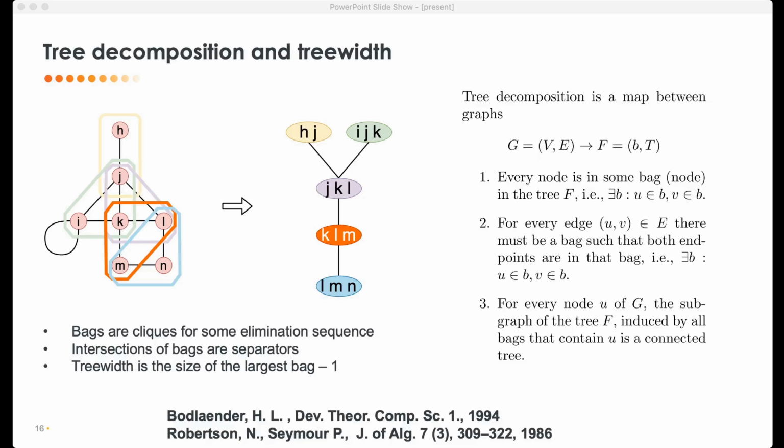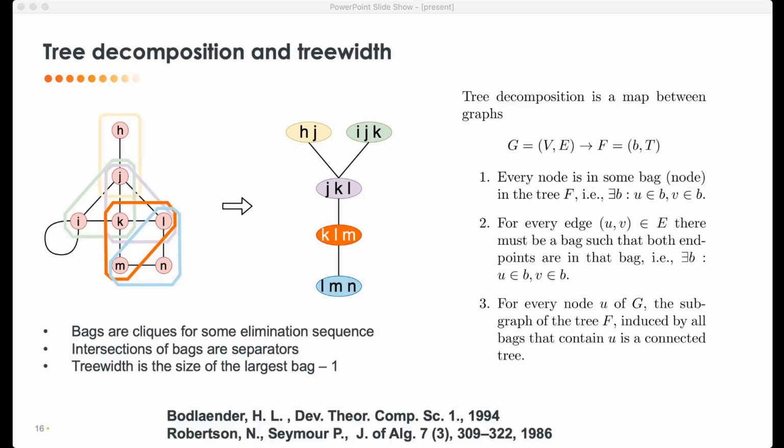Tree decomposition was introduced by Robertson and Seymour, and they showed that it characterizes the structure of the graph. If treewidth is large, then the graph has to contain some large minors. A famous review of tree decomposition is an article of Hans Bodlaender. Also, the explanatory picture on the left shows that bags in the tree decompositions are exactly cliques.